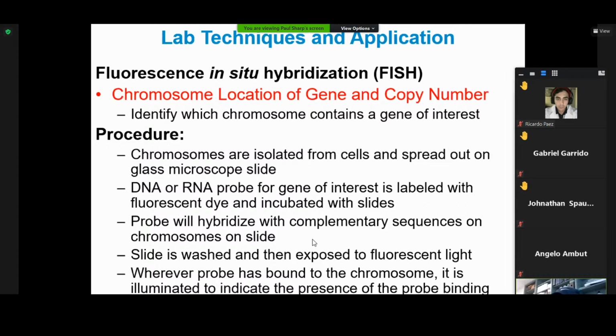The probe then hybridizes with its complementary sequence at the target area on whatever chromosome it's meant to hit. You wash the slide to get rid of any unincorporated probe. Then you expose the slide to fluorescent light using fluorescent microscopy. Wherever the probe is bound to the chromosome, you get fluorescence, and you're able to pick that up. So you do a karyotype to determine which chromosome shows fluorescence.